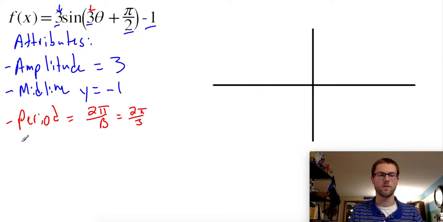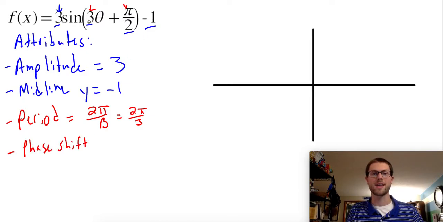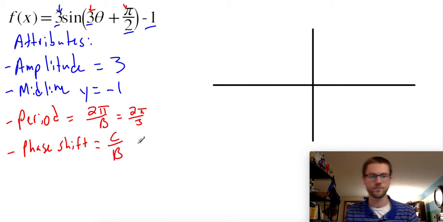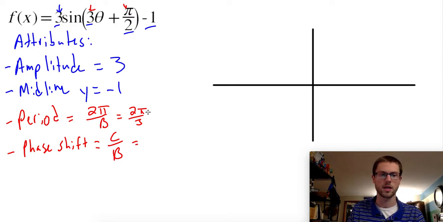Next, the last value we can consider is this c value, and that's going to tell me what my phase shift is. The phase shift is going to use the c value and the b value together. So remember, that's equal to c over b, and with the c, we're always taking the opposite of what this value is.